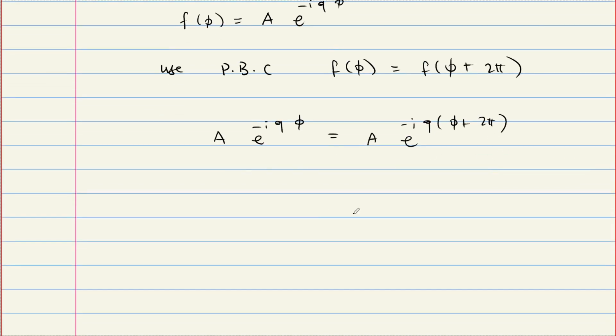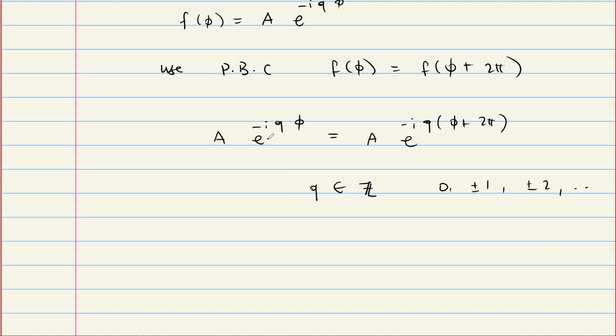And for this equation to be valid, I require q 2 pi should be some integer times 2 pi, or another way of saying that is q should be some integer, right? It can be 0, plus minus 1, plus minus 2, dot dot dot.